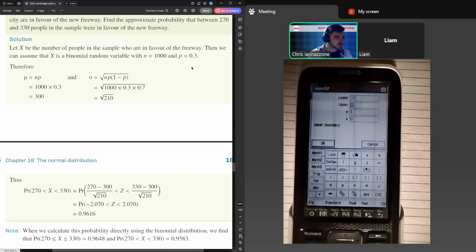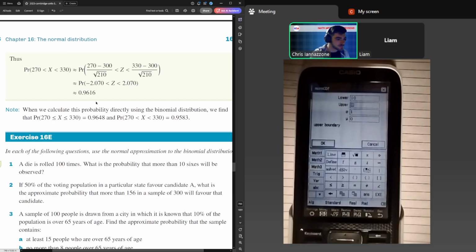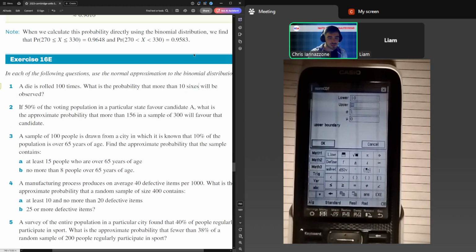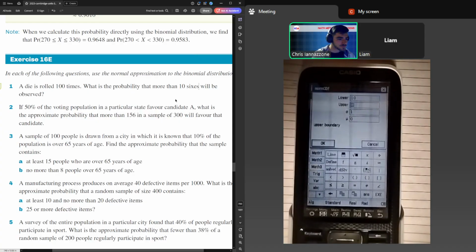So even if we compare to this one here, 30% of people are in favor. So 30% for any individual person, and then you expand that out across the full 1,000. Same thing over here: 1 out of 6, and then we expand that out across the 100. That's the difference between P and your final answer.